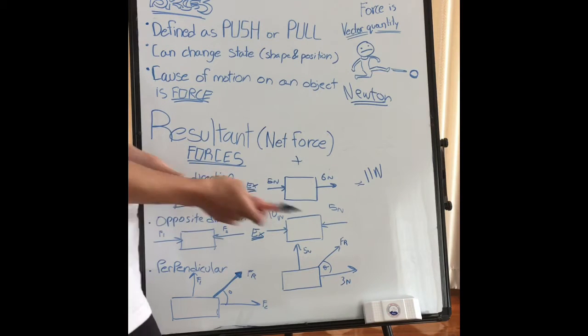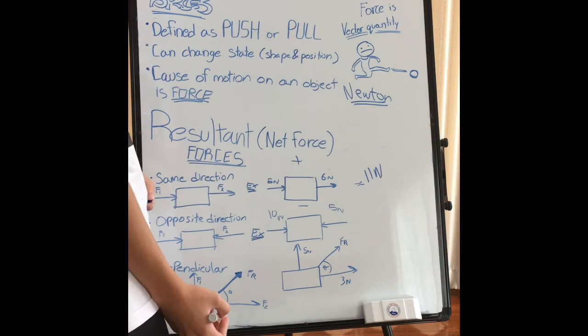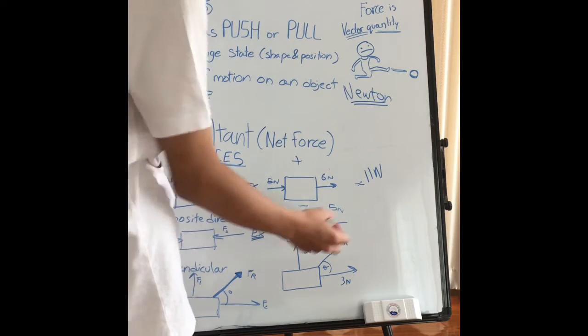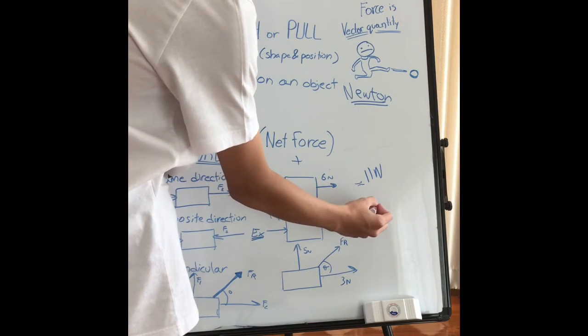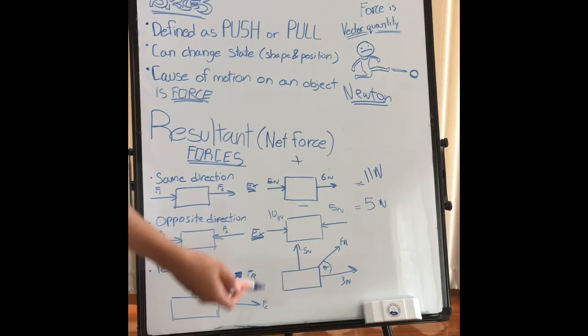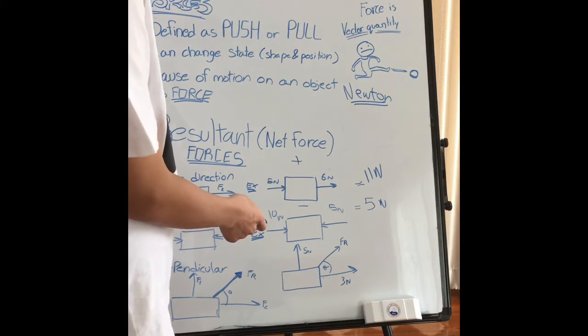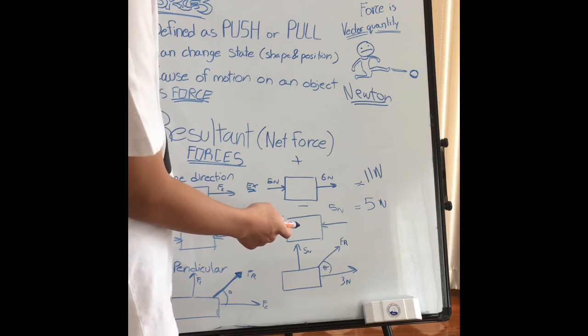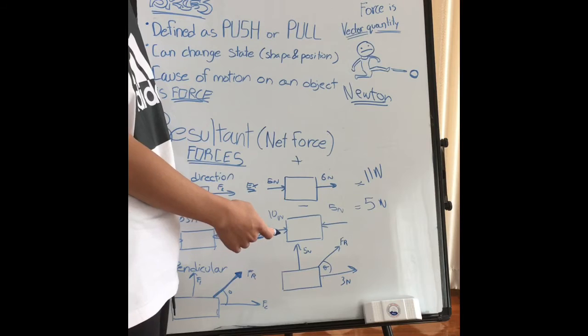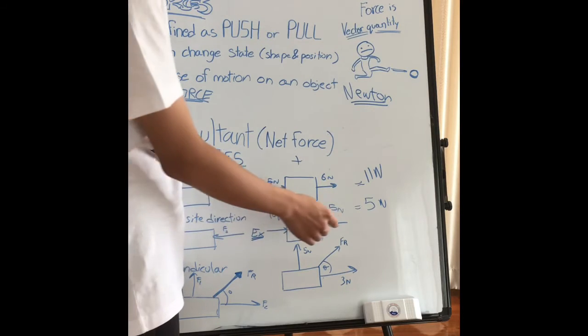We need to subtract, so 10 Newton minus 5 Newton is 5. So we get a resultant of 5. And you look again at which has greater force. So 10 has greater force than 5, so it's 5 Newton to the right.